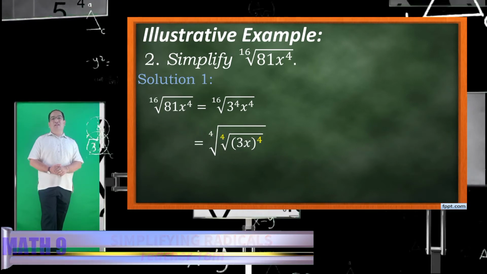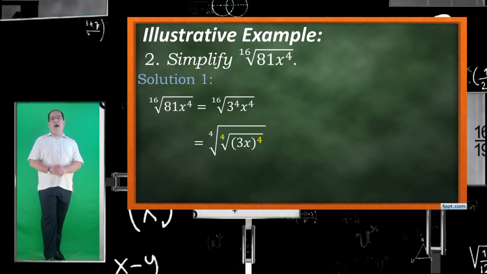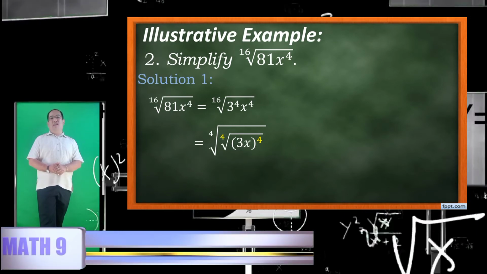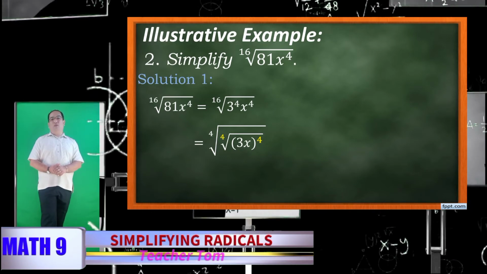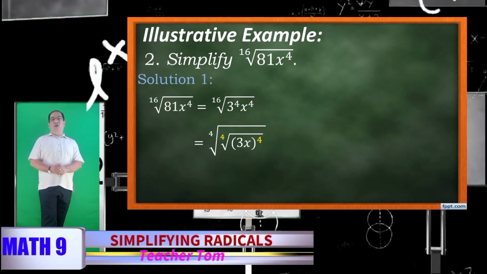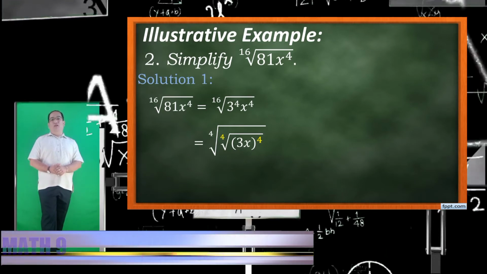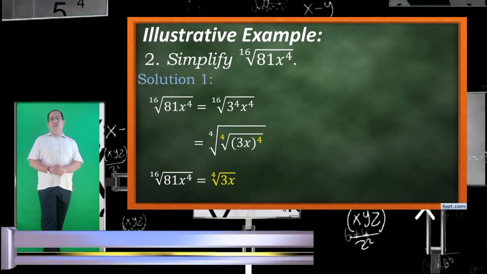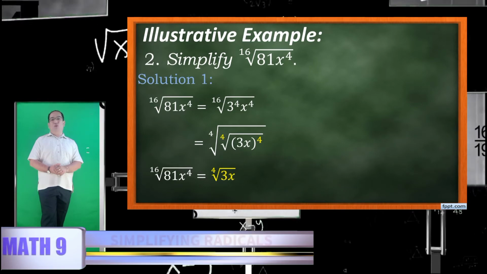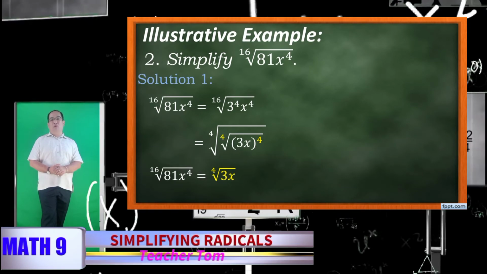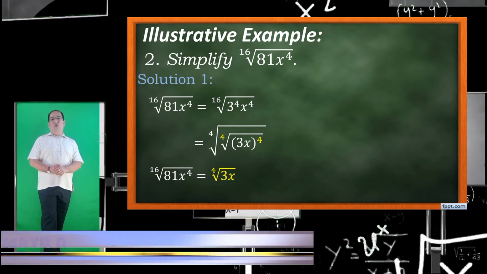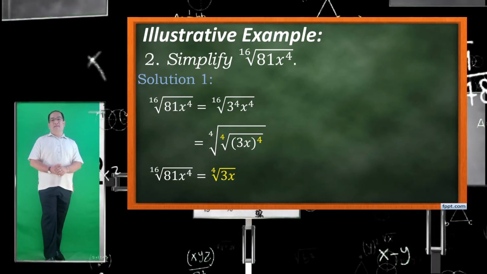Notice that the exponents of the radicand are 4. So we have to factor out the index, where one of the factors is 4. So we have the 4th root of the quantity 3x raised to 4, cancelling the exponent 4 and the index 4. So therefore, we have 4th root of 3x.